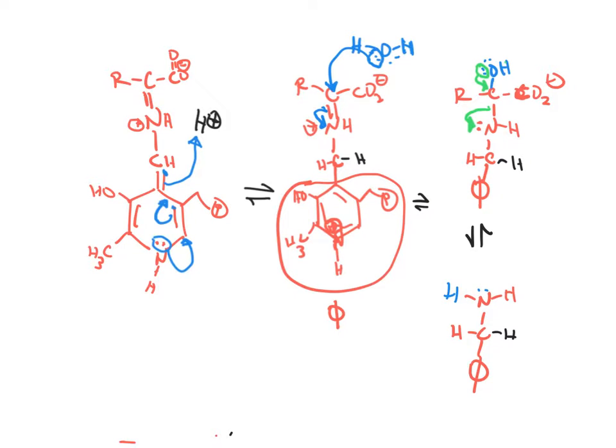Or you could even do it as an NH3 plus if you really wanted to. If you wanted to show both of the two blue hydrogens there, that's fine. So that's one product, but that one's still attached to the PLP. And then the other product is what had been the amino acid, which is now the alpha keto acid.